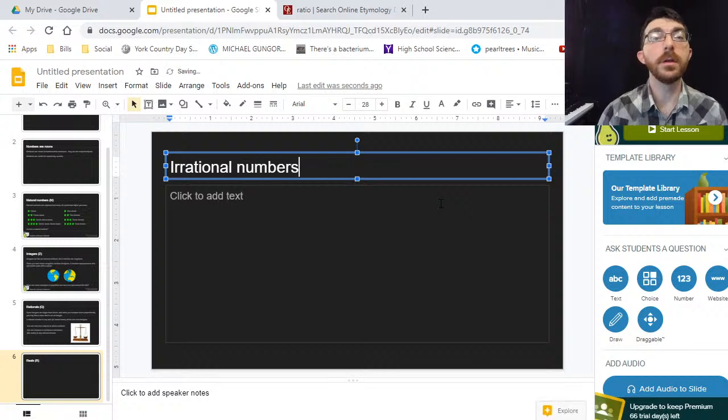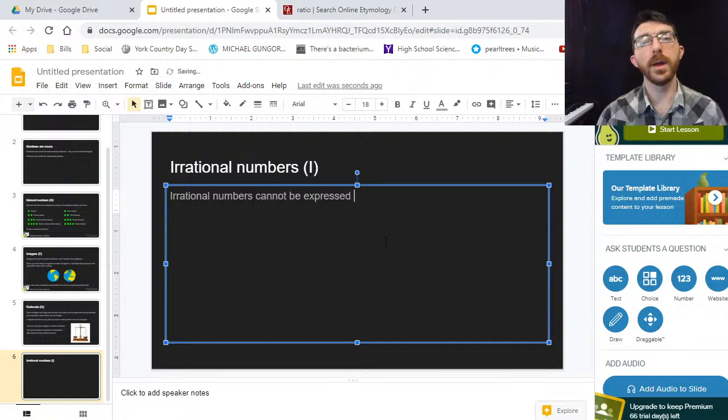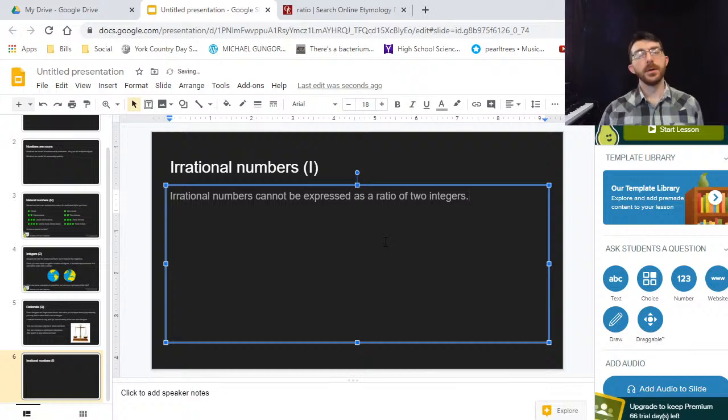Irrational numbers cannot be expressed as a ratio of two integers.